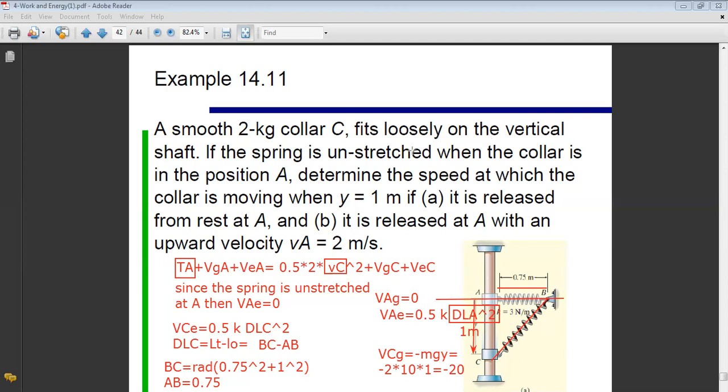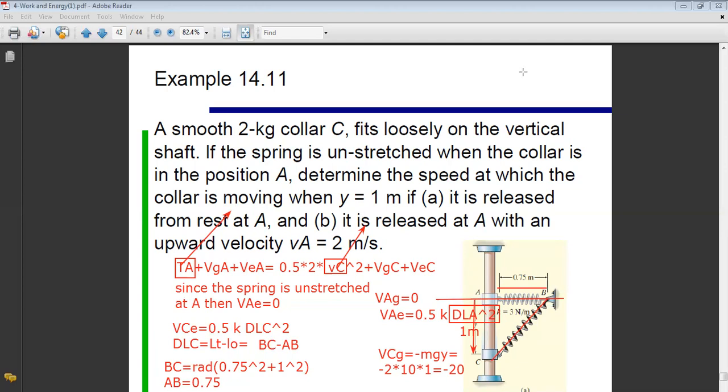Look at your equation. Yes, exactly, VC will increase. Why? Because as you can see here, the square of VC is proportional to TA. So the higher the kinetic energy of A, the higher the velocity of C.